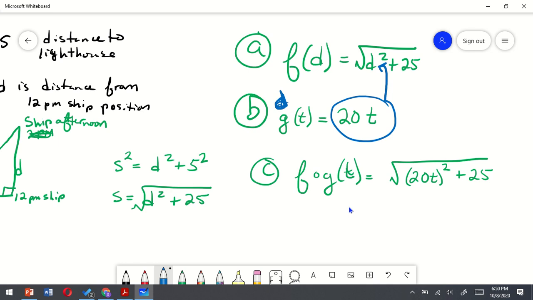And then using that distance that it traveled, we can then calculate the distance from the lighthouse. So it allows us in one step to take an input, which is t, time, probably measured in hours, and get an output that represents S, our distance from the lighthouse.